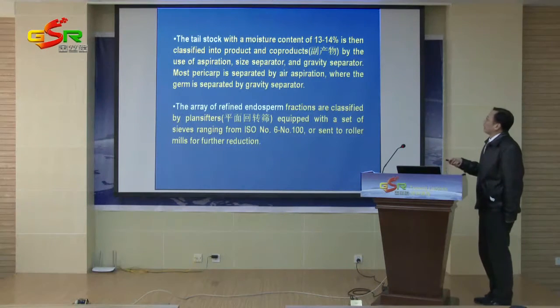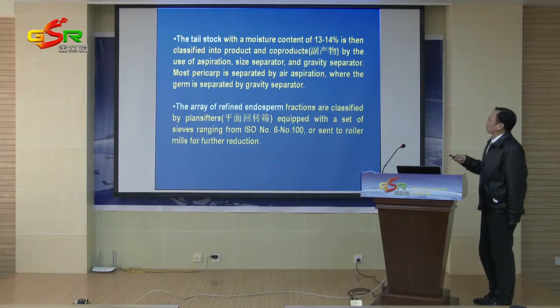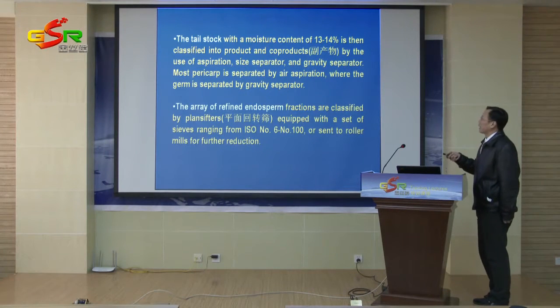And generally, the tail stock with a moisture content of 13 to 14% is classified into products and co-products by the use of the aspirator, size separator and the gravity separator.